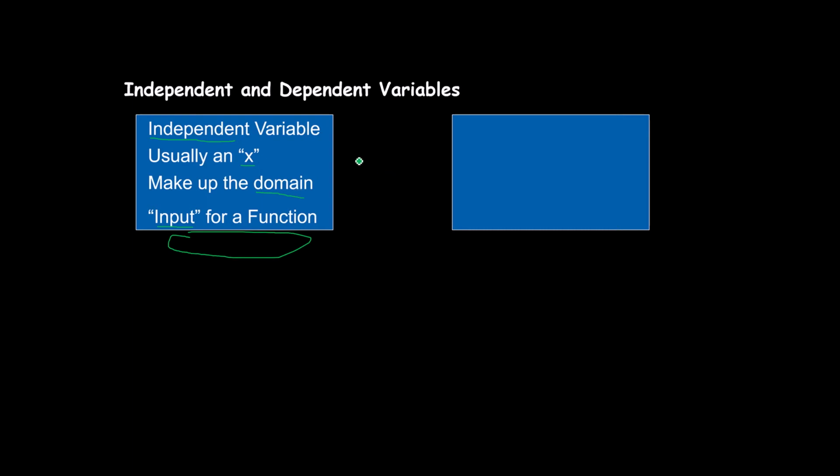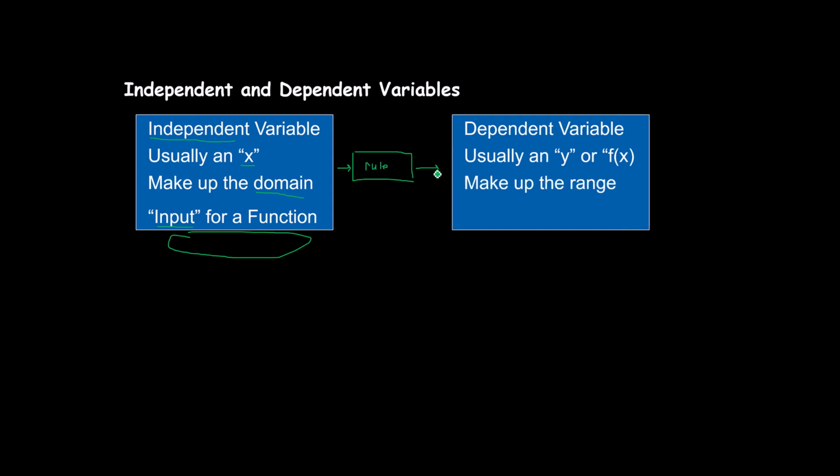When we talk about functions or relations, functions and relations give us a rule of some kind. And that rule takes these x's and applies a rule to them in order to give us our dependent variable, or our y or f of x, or our range, or our output.